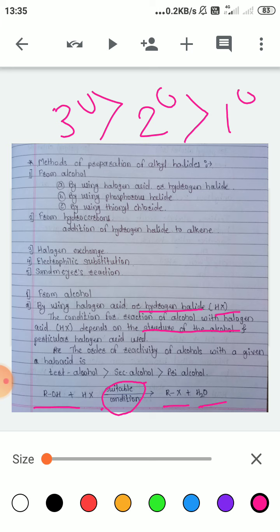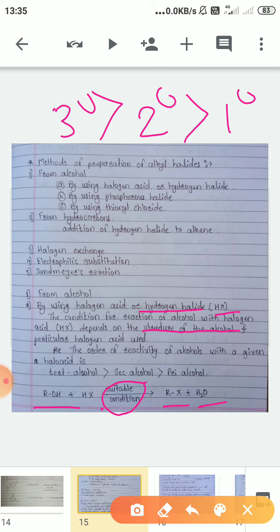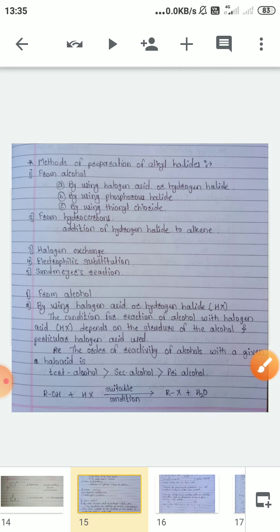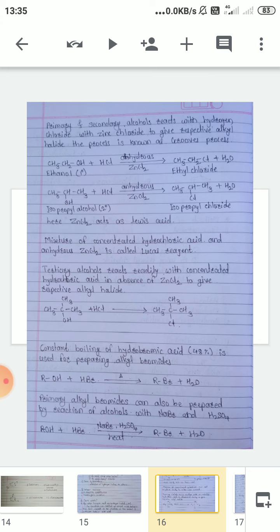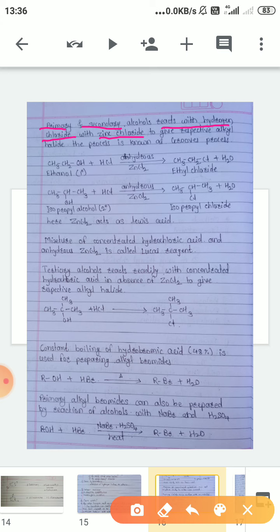It is necessary to first clear the general reaction in your mind. It will help you to write the reaction for any reactant as well as for any product. Let's see the example of reaction. Remember one thing, primary and secondary alcohols react with hydrogen chloride with zinc chloride, that means HCl and ZnCl2.